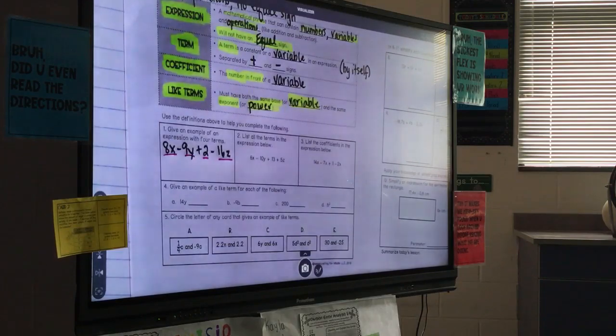What is separating our terms? Adding and subtracting. So again, circle, underline, highlight, whatever you want to do. Stand up when you have your answer. Shh.